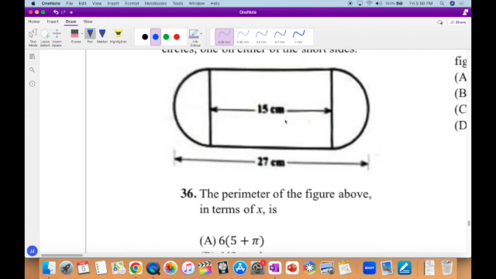So you can see we have 15 centimeters. And if this entire thing from here to here is 27 centimeters, then 27 minus this 15 here, so 27 minus 15 is 12.